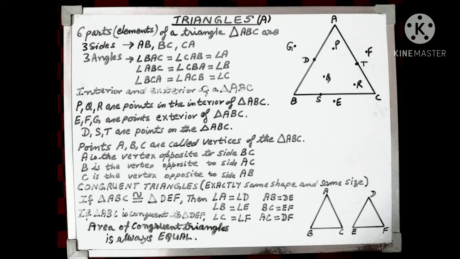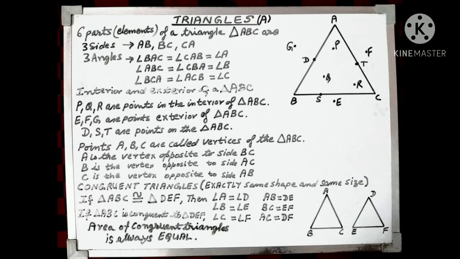The next thing to understand is the interior and exterior of a triangle. Interior means the area inside a triangle and exterior means the area outside the triangle. So the points P, Q, R are in the interior of triangle ABC.